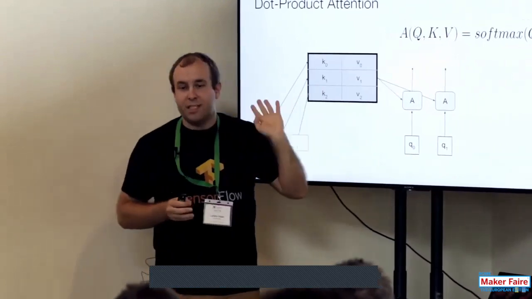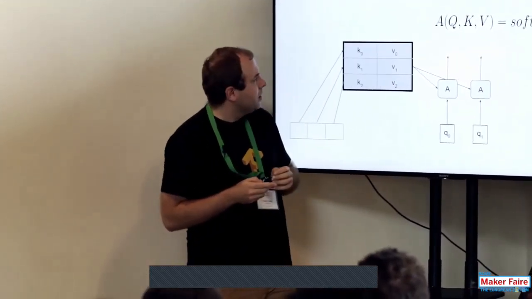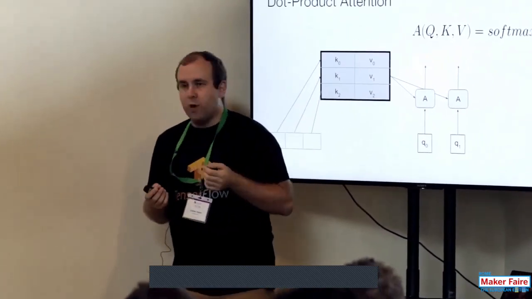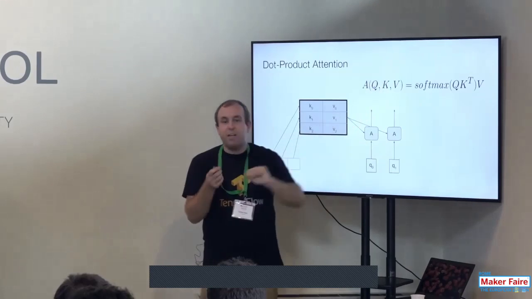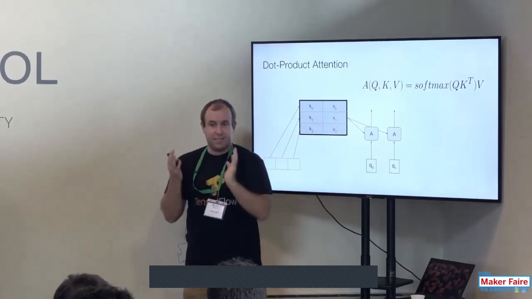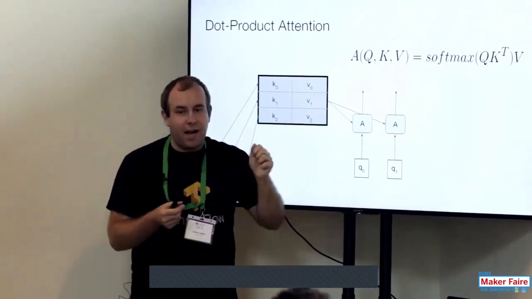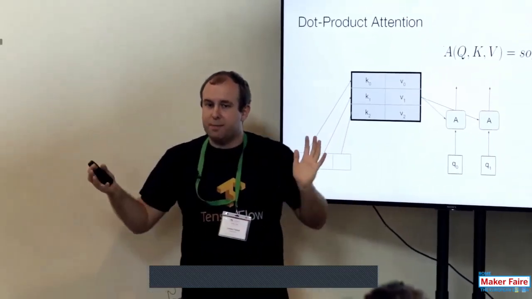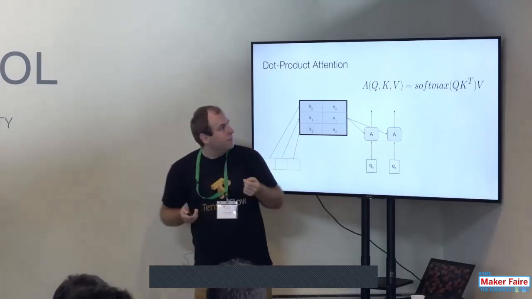And keys and values can be the same thing, but they don't have to. That's why we write it like this. So what you want to do in attention is take the query, find the most similar key. As I told you, it's a similarity thing. And then get the values that correspond to these similar keys. But of course, it's soft. It all needs to be differentiable.